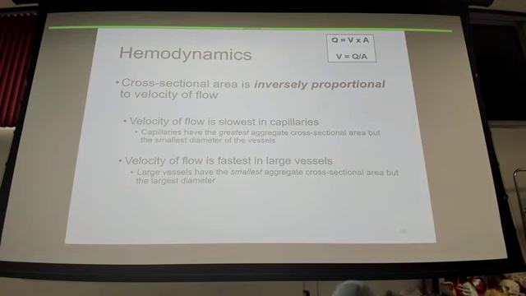It's going down. Thank you. And if you go back to that, the most cross-sectional area is in the smallest vessels, so that does make sense. Velocity is slowest in the capillary and fastest in the aorta. However, volume-wise is different. So we're talking speed.